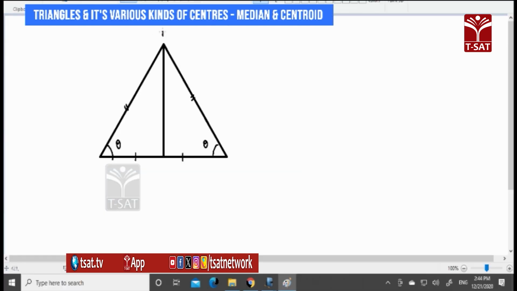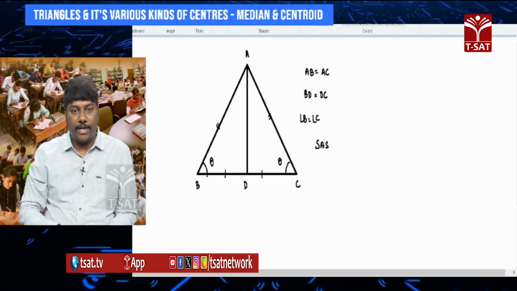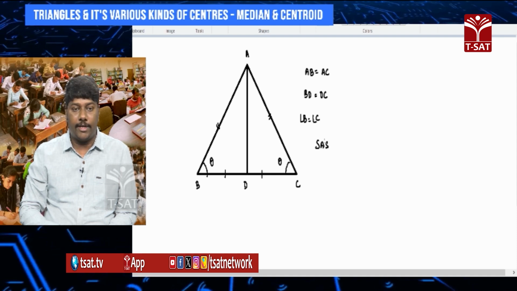If you look at triangles ABD and ADC, two sides are equal, that is AB is equal to AC, BD is equal to DC, and the corresponding angle B is equal to angle C. According to the property SAS, we can say these two triangles are not only similar, these are actually congruent triangles.